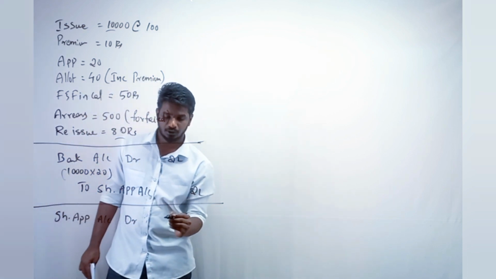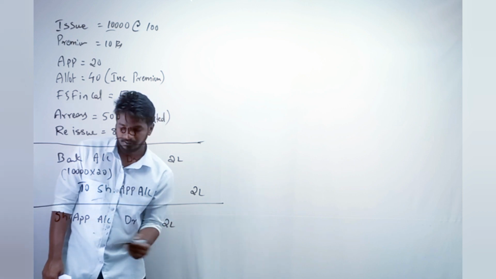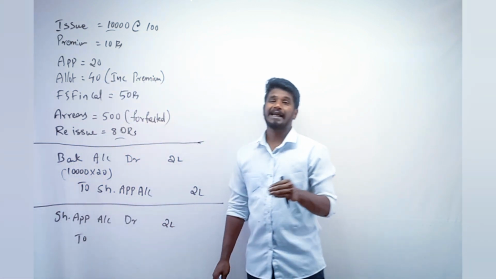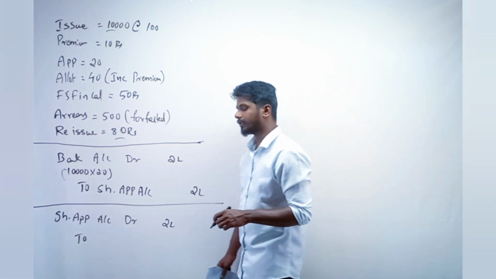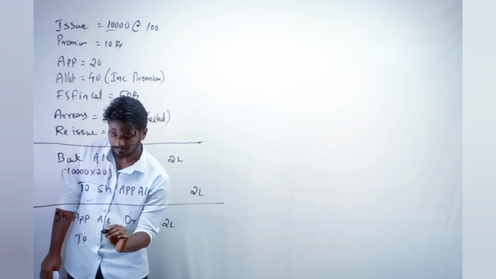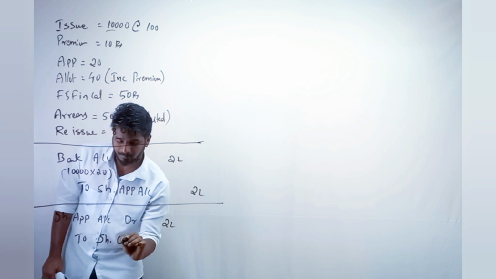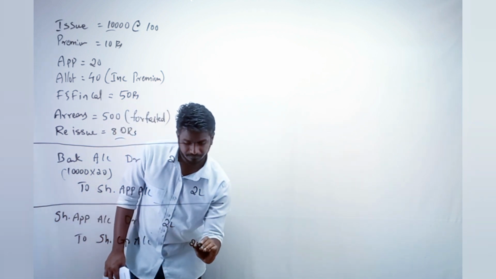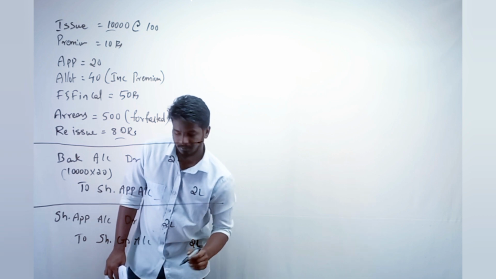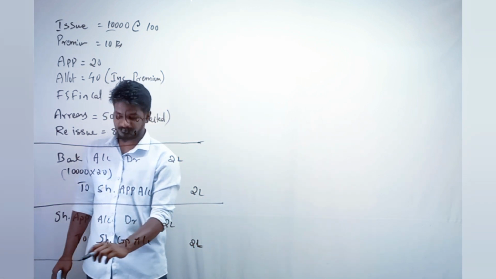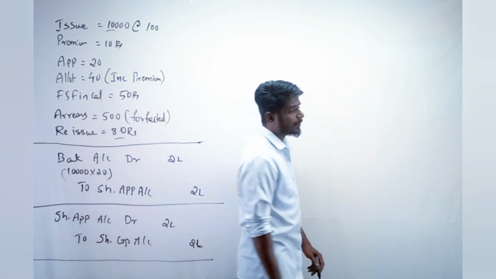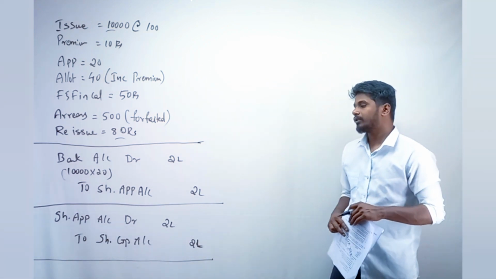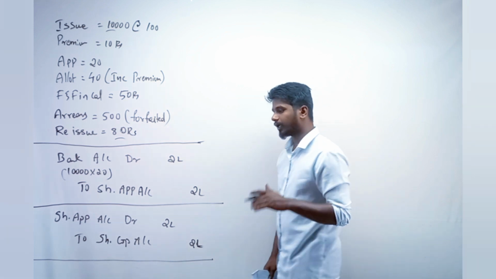How much is it? 2 lakh rupees. And to where we will transfer? To share capital account, we will transfer it. How much is it? 2 lakh. Is that correct? So the narration will be being application money transferred to share capital. So write it down. Correct.